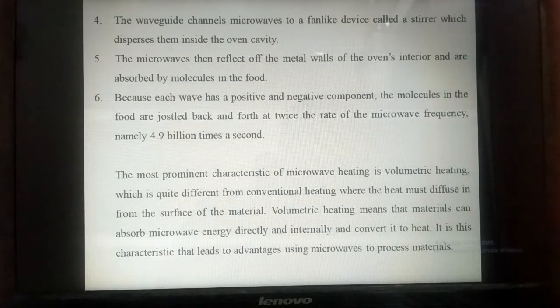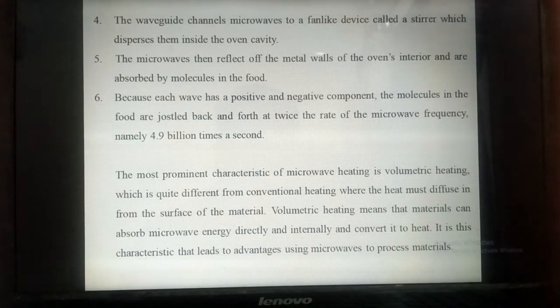Jostle means jerk, push. They move back and forth at twice the rate of the microwave frequency, namely 4.9 billion times a second. That's why the food is cooked very fast.